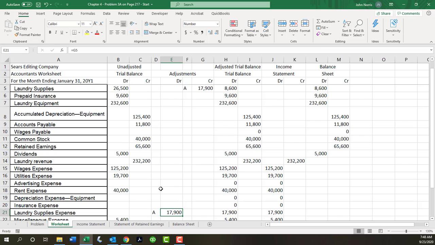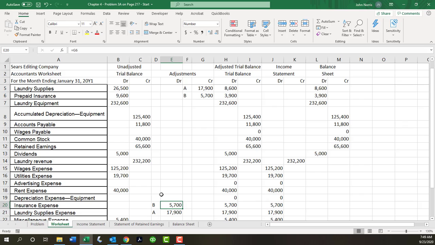Then item B, insurance premiums expired during the year are $5,700. So this is the same sort. This is a deferred expense. It gives you the amount this time, nothing to calculate. 5,700 then becomes insurance expense.